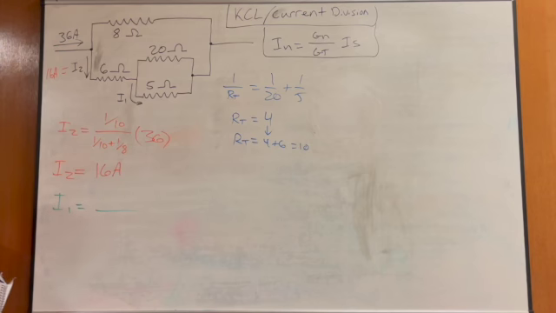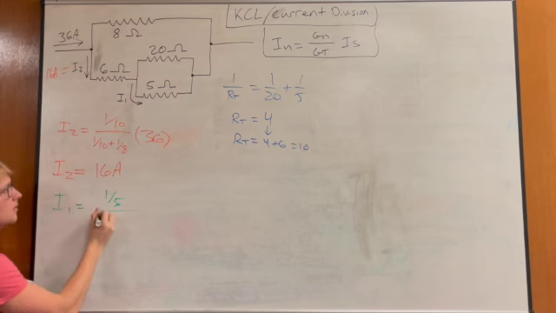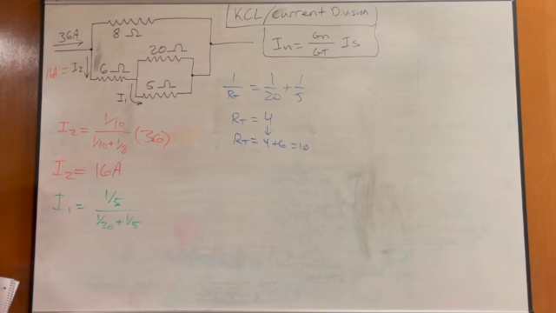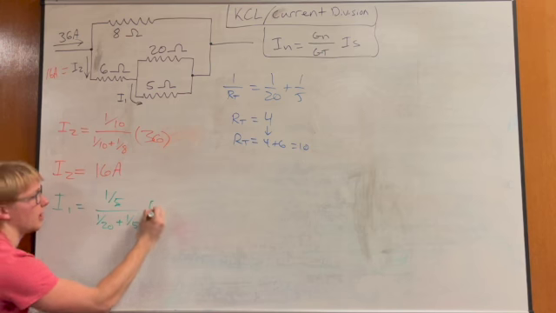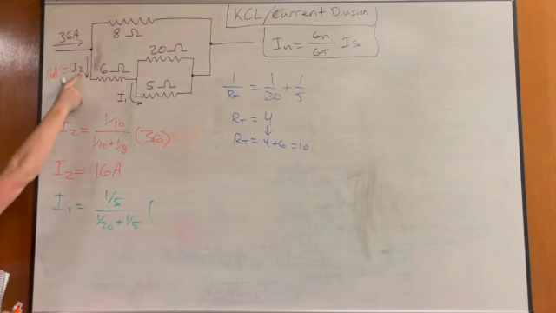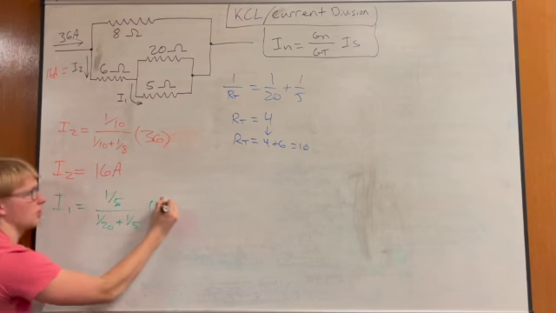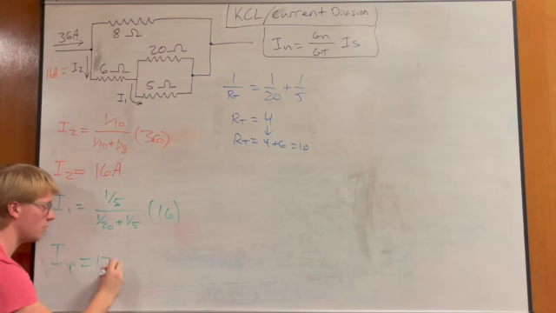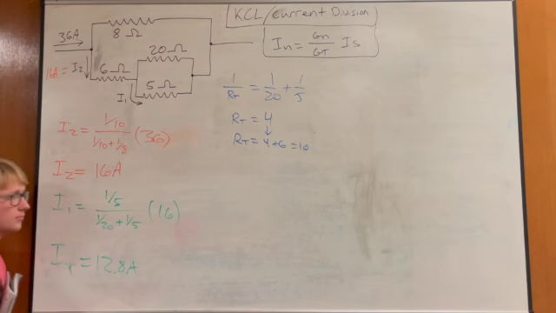So we're going to have the conductance of that 5 resistor on top and the total conductance on the bottom, multiplied by the source, which is I2 right here. When you do that math, you're going to end up with about 12.8 amps.